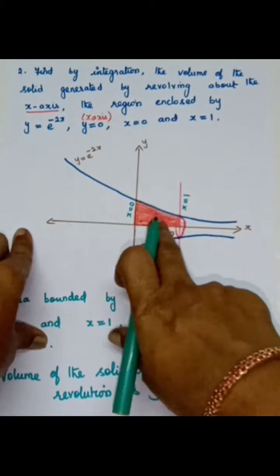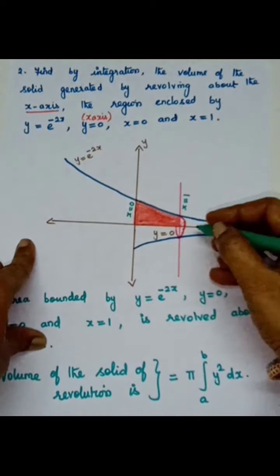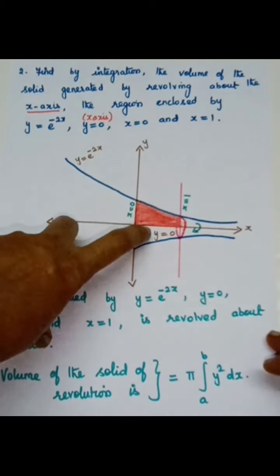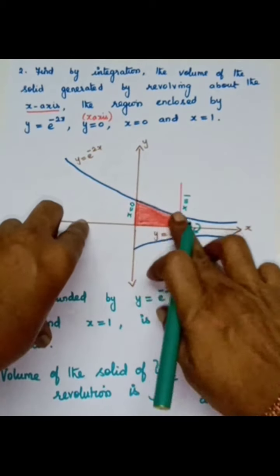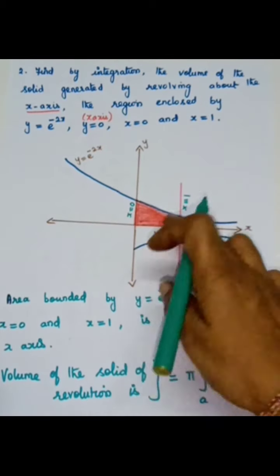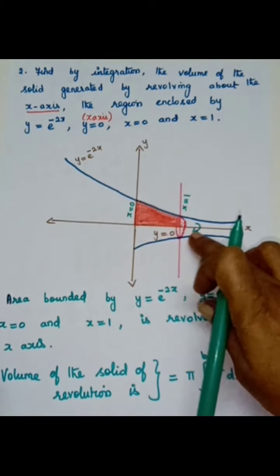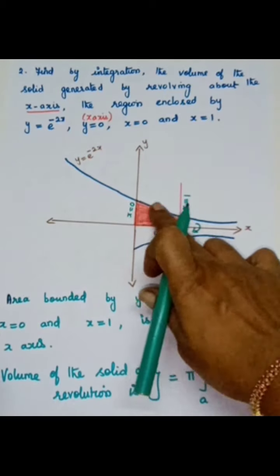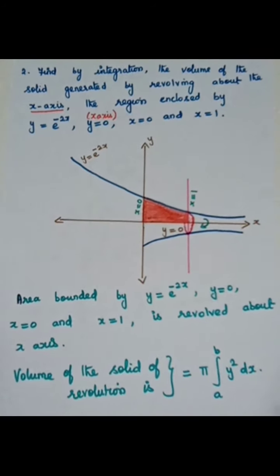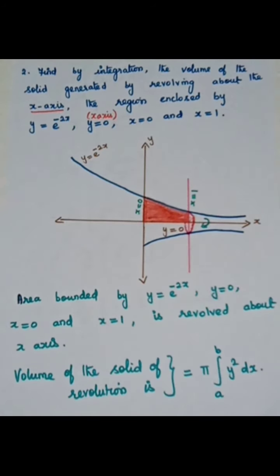This bounded region is revolved about the x-axis. You will get the solid, and you are going to find the volume of the solid.